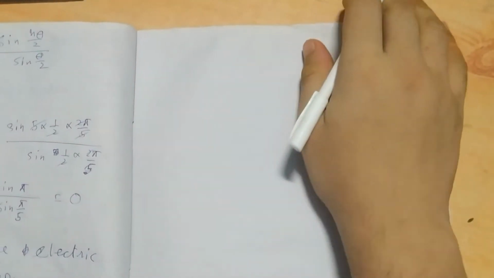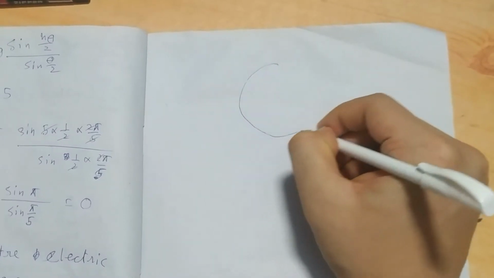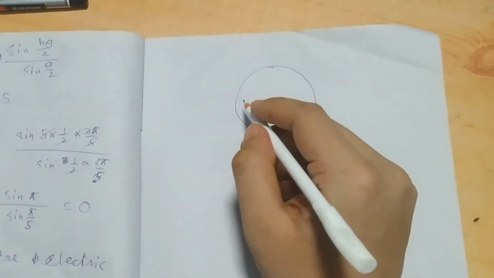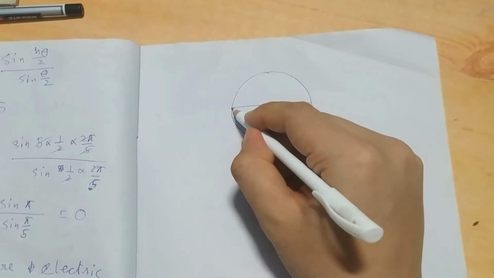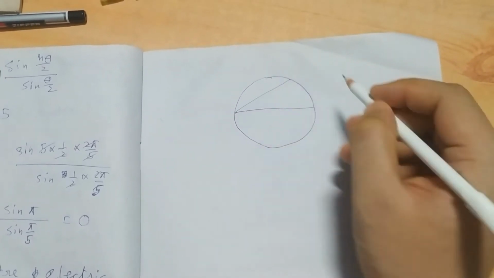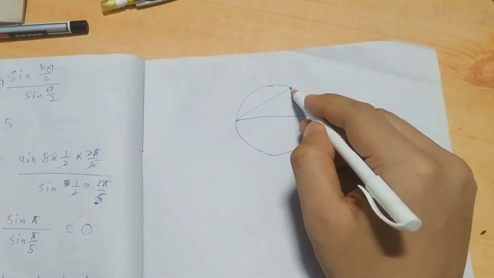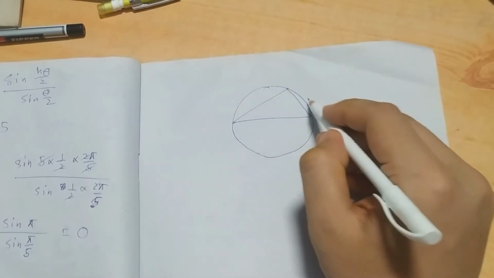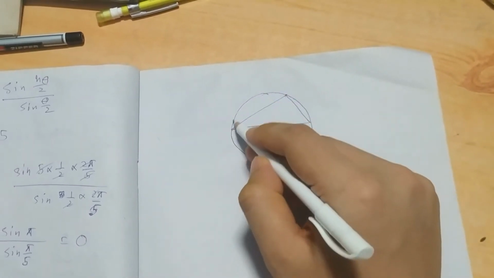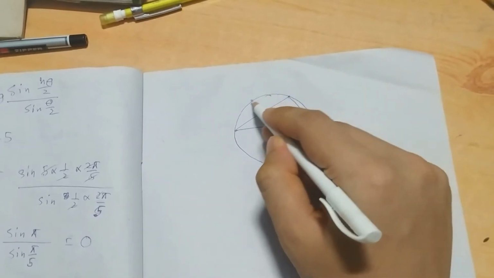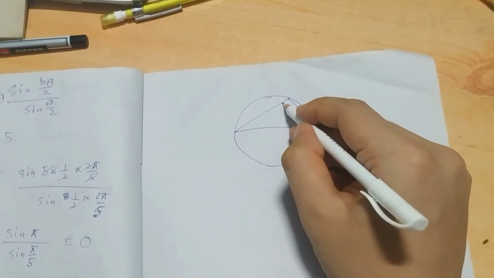Well, let's consider the scenario here. If this is a circle and this is the diameter, then any angle made by these lines, where this point can be anywhere in the upper half or the lower half region, this angle will be 90 degrees.